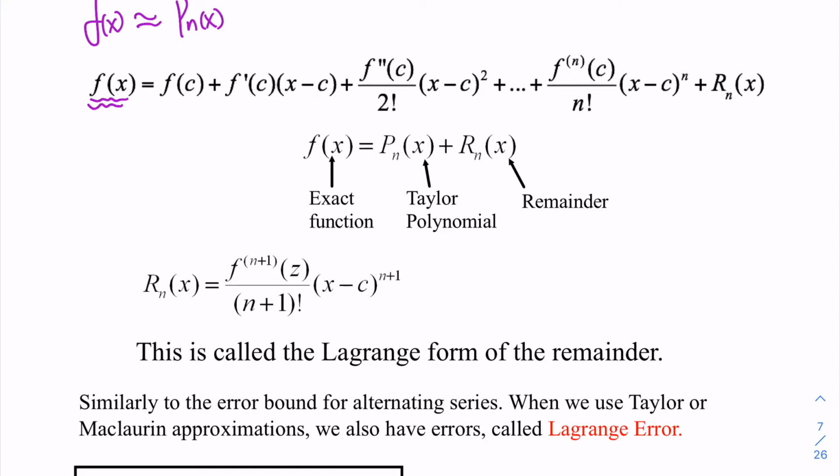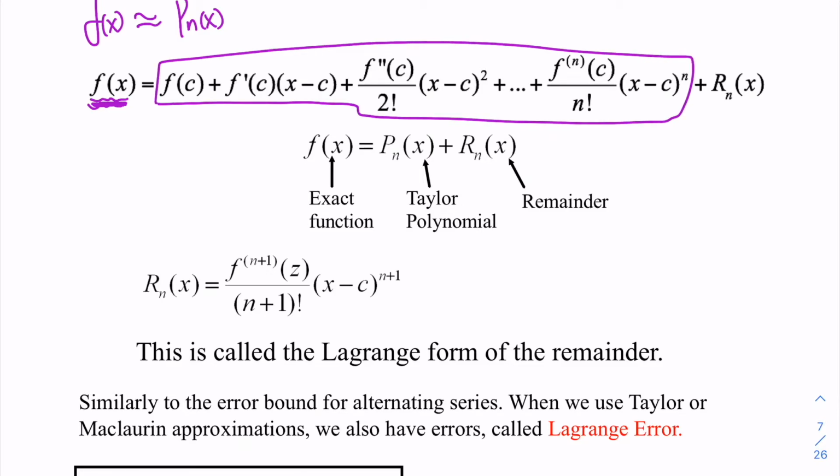If you look at this equation, f(x) equals f(c) plus terms up to here, this is Pn(x), our approximation. So f(x), the exact original function, equals the Taylor polynomial Pn(x) plus Rn(x), which we call the remainder.